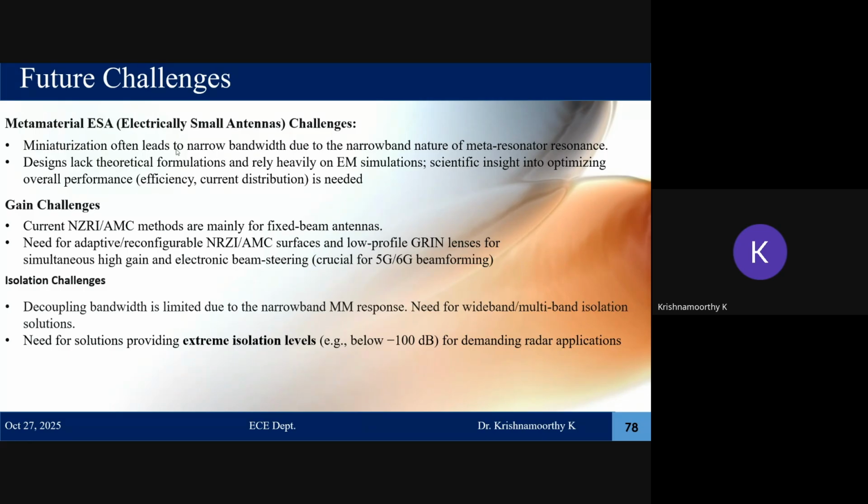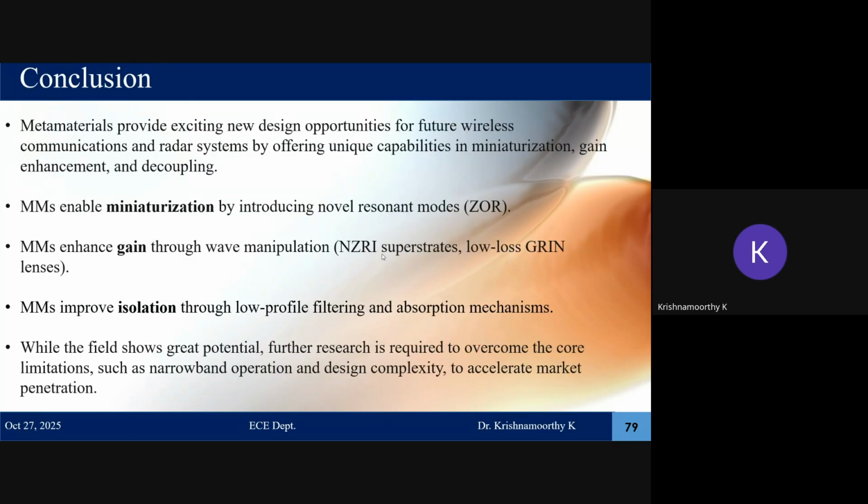The gain can also be improved using near zero refractive index surfaces and graded refractive index lenses. These kinds of structures can be used to get further gain enhancement. Similarly, the isolation, the mutual coupling reduction, can also be improved beyond minus 100 dB using this kind of metamaterial structures.